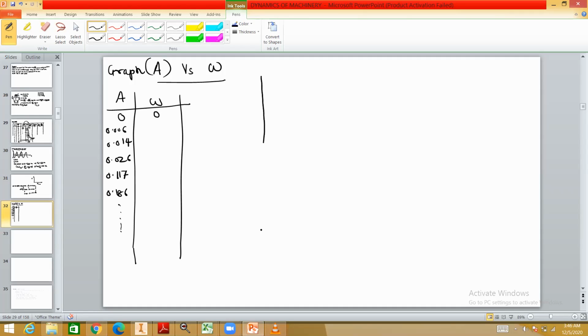By observing the maximum and minimum values, you select the proper scale, 1 centimeter is equal to so much, and then plot the graph. The y-axis is the amplitude, the x-axis is the frequency. Okay, so your graph will start from the value 0, 0. It will increase gradually.